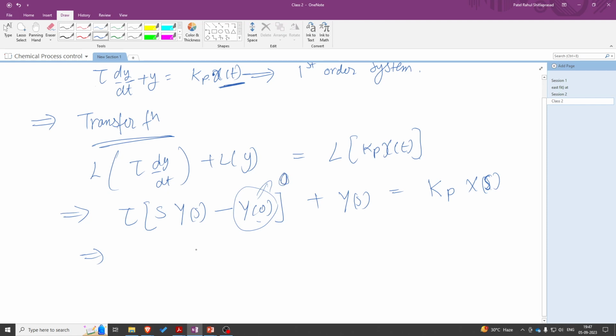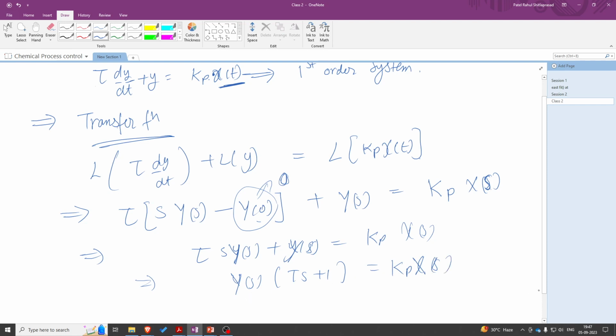Then we can rewrite this equation as tau s Y(s) plus Y(s) is equal to Kp into X(s). So we can rewrite this as capital Y(s) into tau s plus 1 is equal to Kp into X(s).